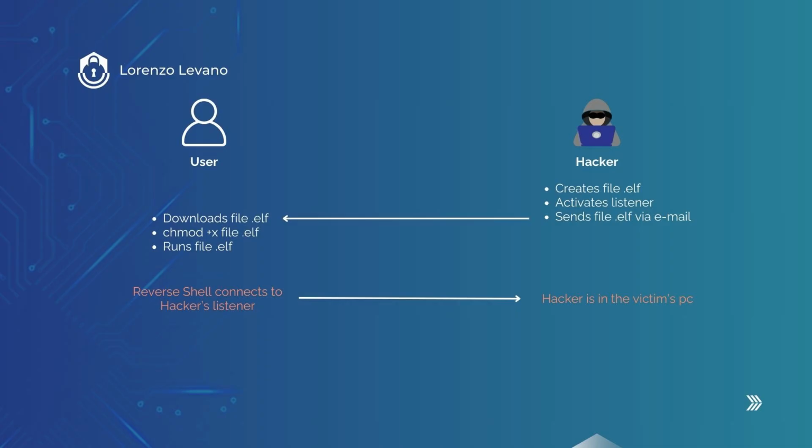X stands for executable. And finally they run the file. As soon as this happens, a reverse shell connection is initiated from the victim's PC to the hacker's listener. This gives the attacker a command line interface on the victim's machine, essentially allowing full control.